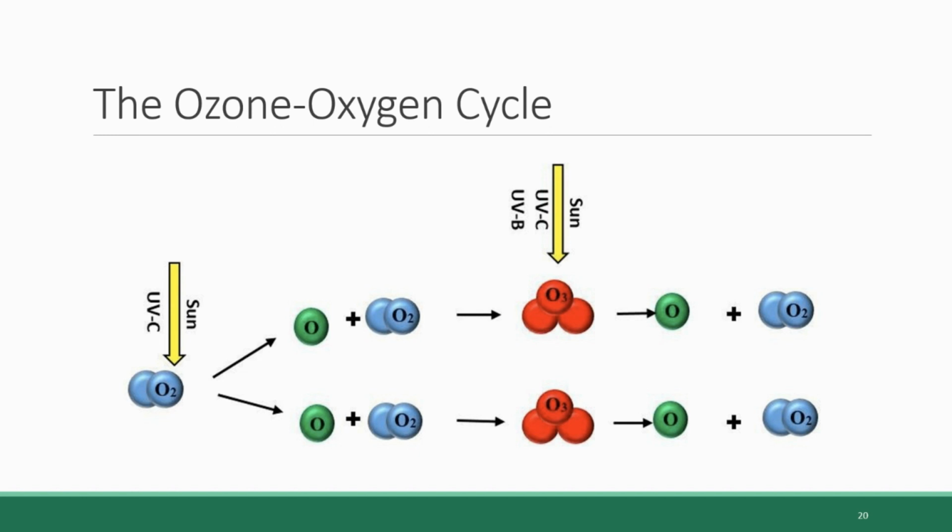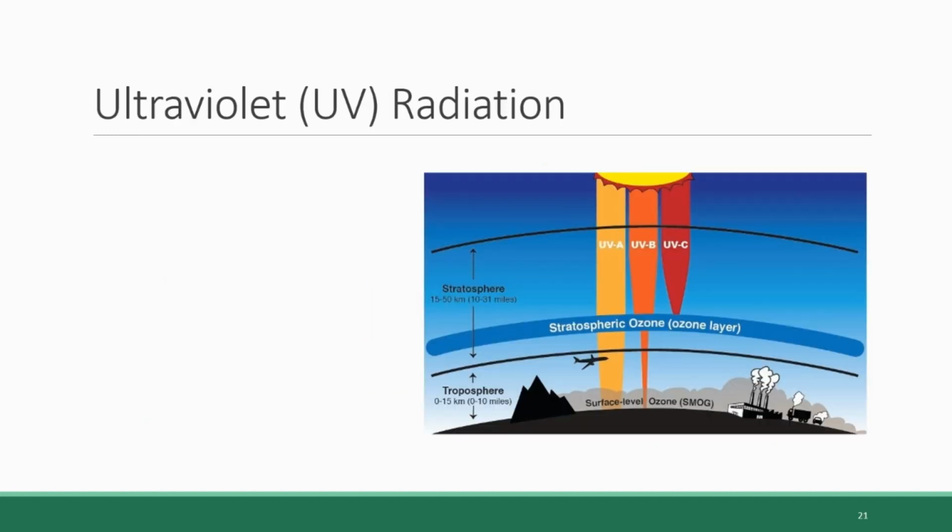And that's a problem because the fact that this ozone oxygen cycle absorbs UV radiation as it runs its course means that ozone actually serves as a buffer that protects the surface of the Earth from exposure to excessive levels of UV radiation.